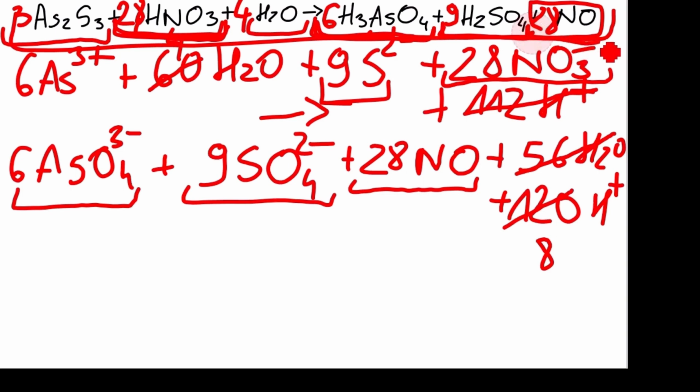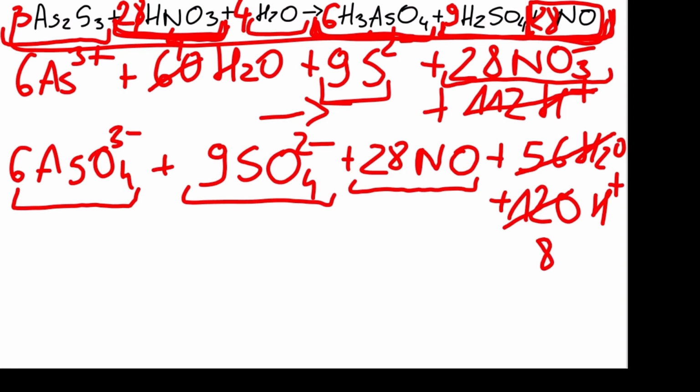In 28 nitrogen oxide particles we have 28 atoms of oxygen. 28 plus 60 give us 88 atoms of oxygen. So okay, now everything is clear. We made the whole correct balance of mass in this total particle reaction.